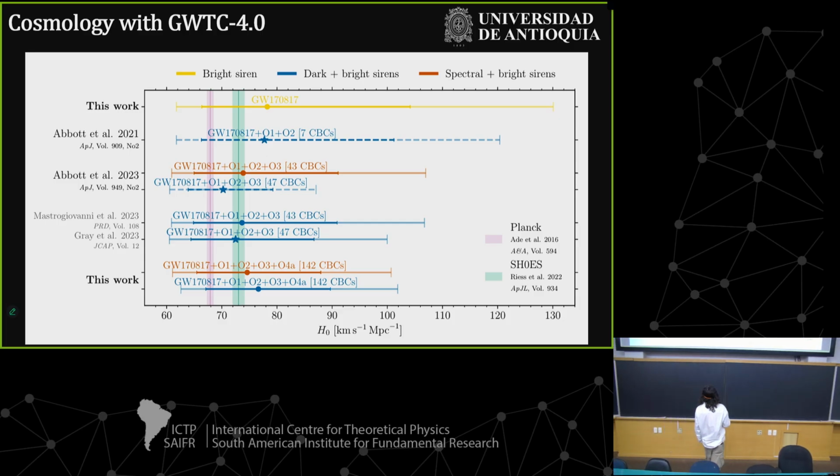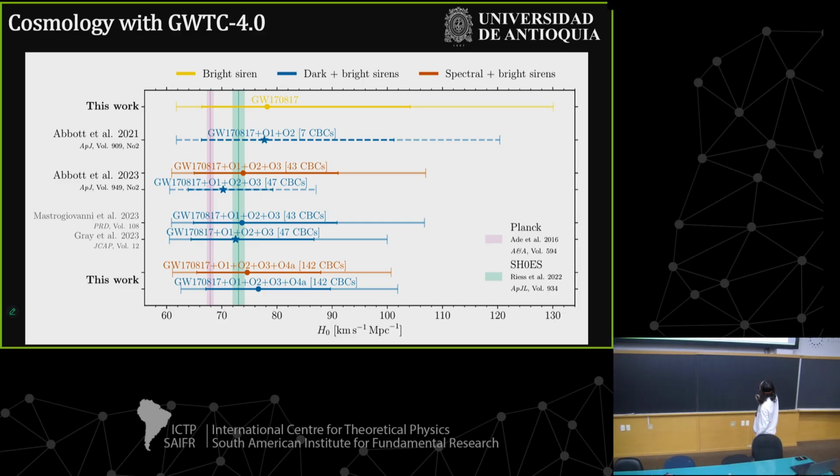This is with O1, O2, O3 events, and this is with O1, O2, O3 events, but this has more events. The difference in the colors is that this blue is the dark plus bright siren analysis, and this is the spectral plus bright siren. So probably in this case, for the dark plus bright siren, the dark one was with a fixed population model. And in the spectral case, they didn't use the catalog information.